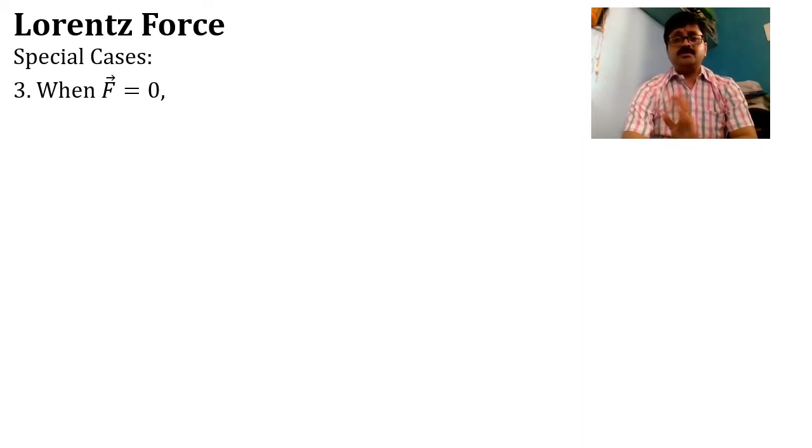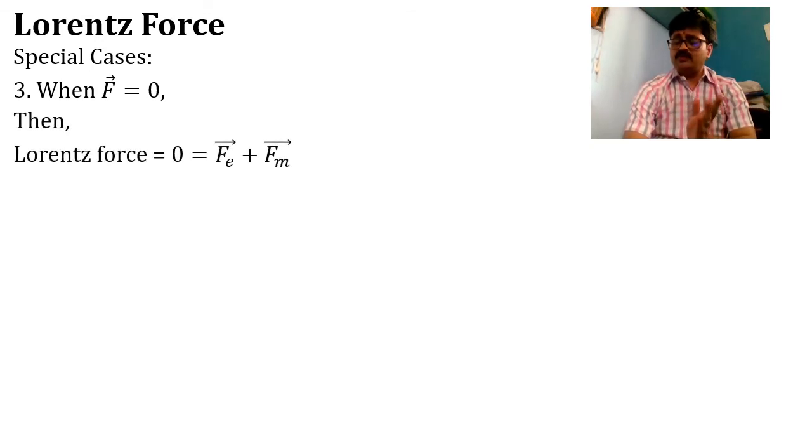Let's take a look at special case number 3 here. Under special case number 3, I'll consider Lorentz force equal to 0. Under that situation, what happens, my dear friends? We know that Lorentz force is equal to vector Fe plus Fm is equal to 0. Correct? Because Lorentz force is equal to Fe plus Fm.